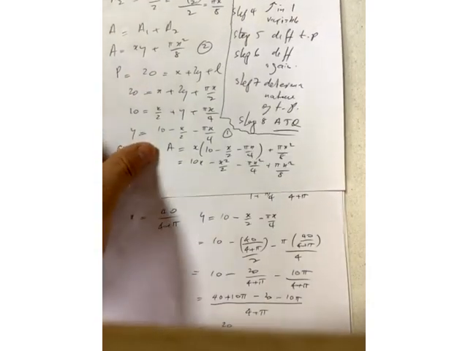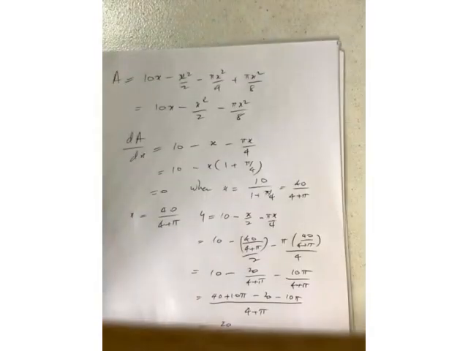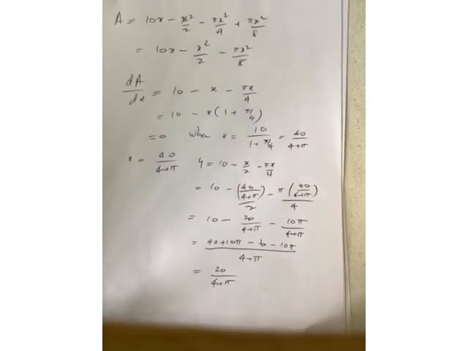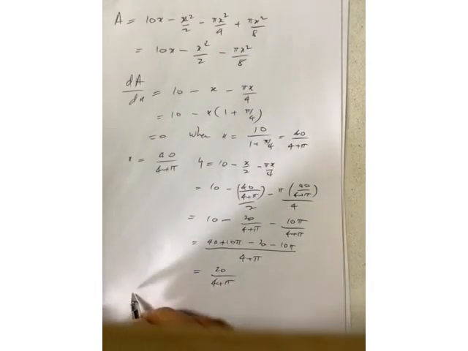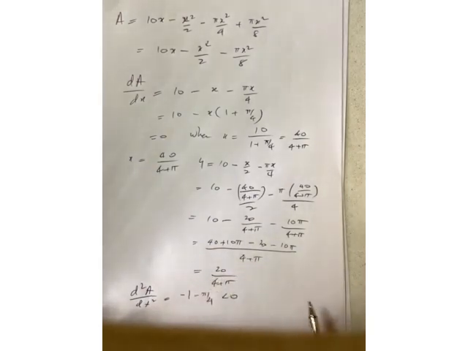Now, you have to differentiate again, by the way. You haven't finished yet. You just found x and y. So you've got to differentiate again to see whether it's a maximum or minimum. So you go d squared A dx squared is equal to minus 1 minus pi on 4. And that's negative.